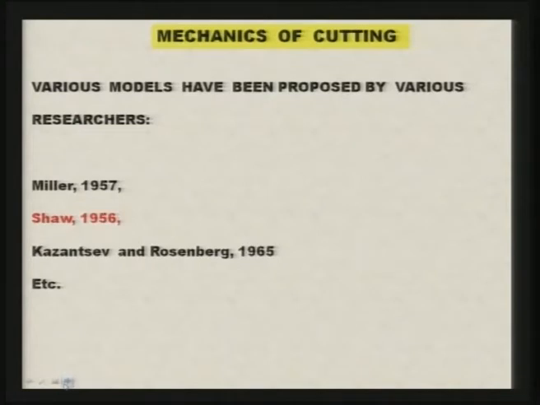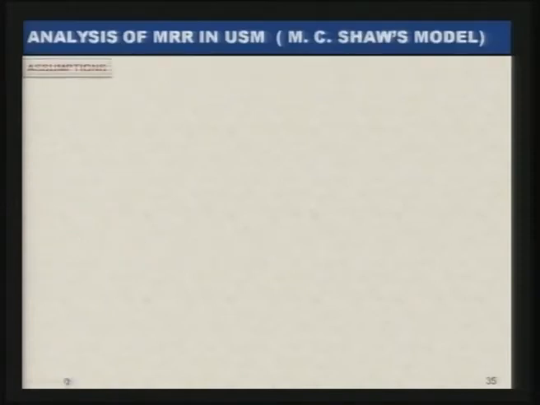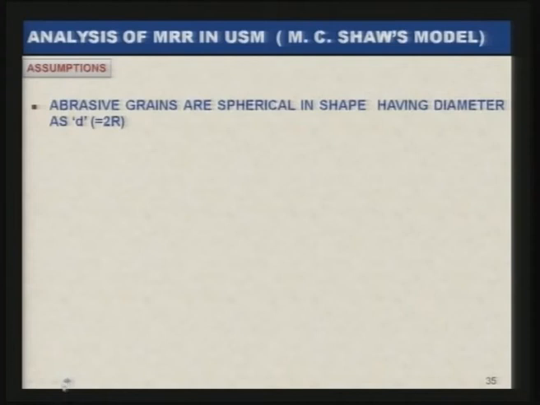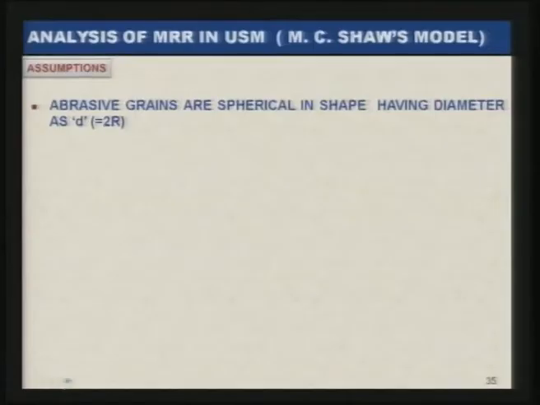However, I am going to discuss only one, that was proposed by M.C. Shaw. Now, let us understand the mechanism of material removal as per the analysis reported by Professor M.C. Shaw. He made certain assumptions during the development of the model.